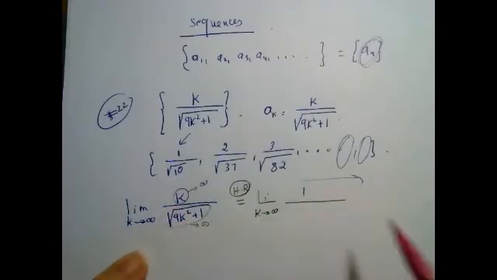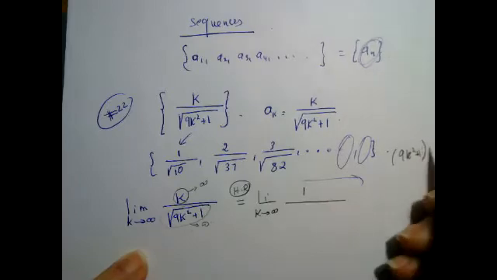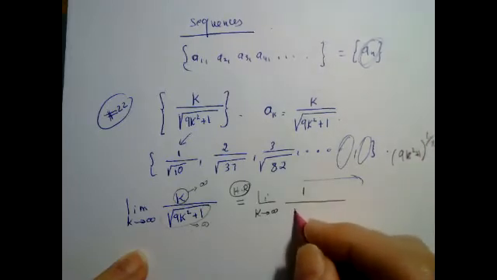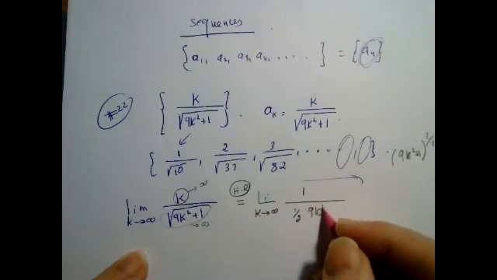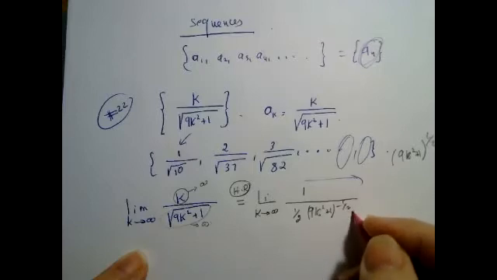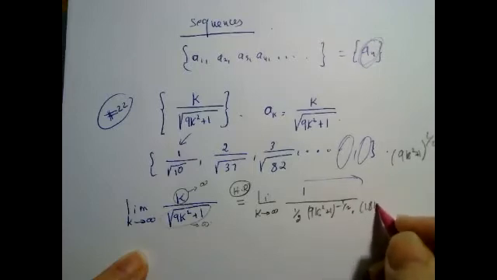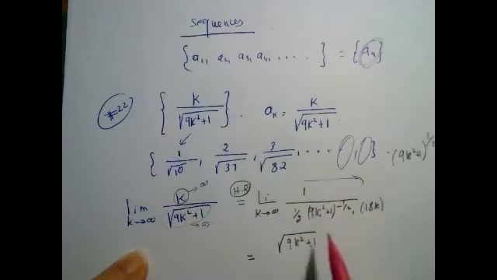The derivative of the denominator: the square root is 9k squared plus 1 to the power of a half, so it's a half times 9k squared plus 1 to the minus a half times the derivative of the inside. Because the exponent is minus a half, this goes up here. 2 and 18 will give me 9k.